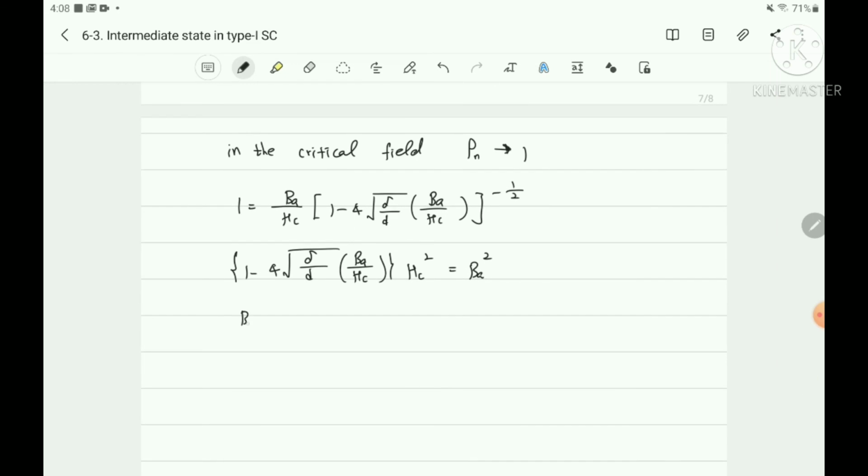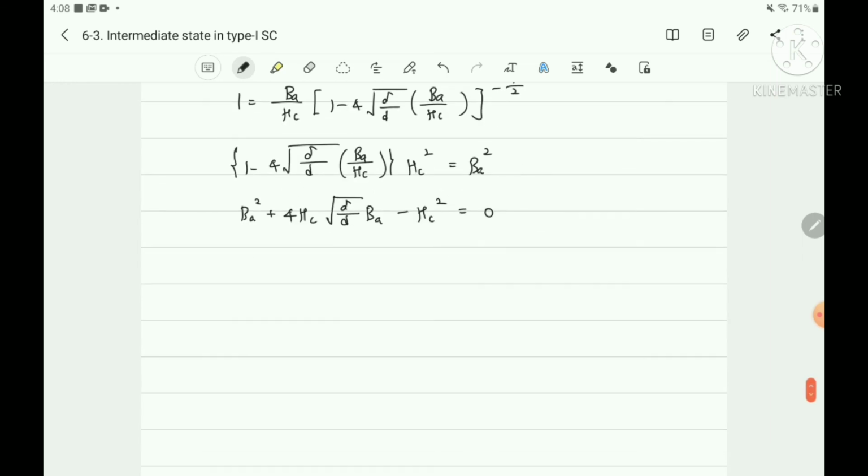Therefore Ba square plus 4Hc square root delta over D Ba minus Hc square equal to 0.